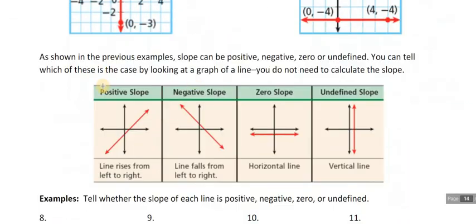So that brings us to this point right here. We can have positive slopes, a line that rises from left to right, negative slope, a line that falls from left to right. Slope of 0 is a horizontal line, and an undefined slope is any vertical line.